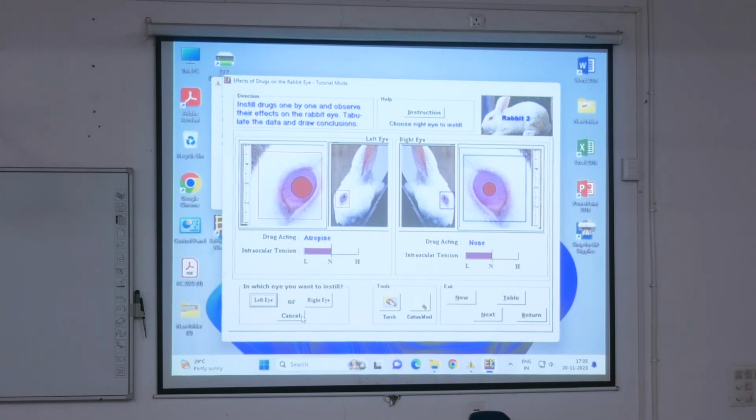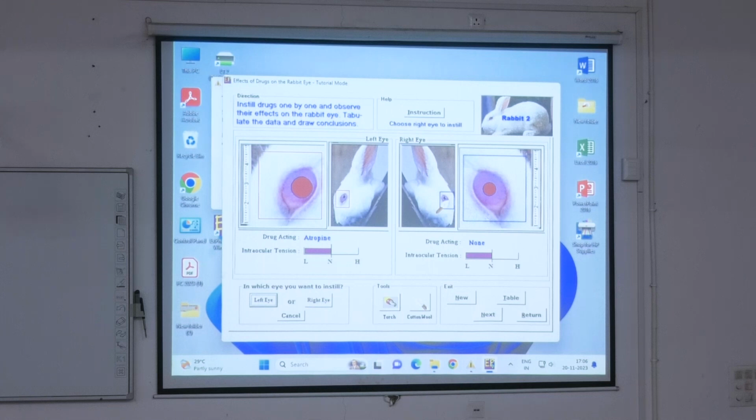Mydriasis with atropine. What will happen to the light reflex? Lost. It is present in the normal eye where no drug has been administered.